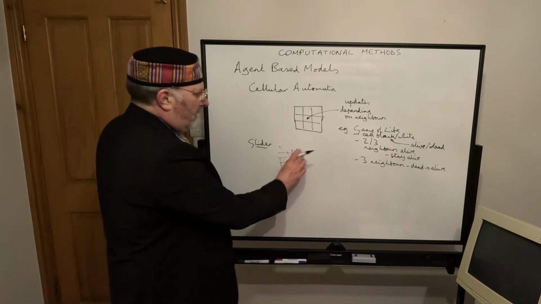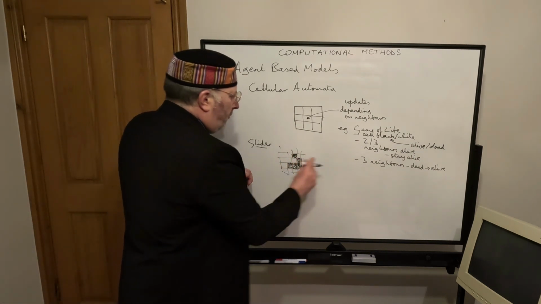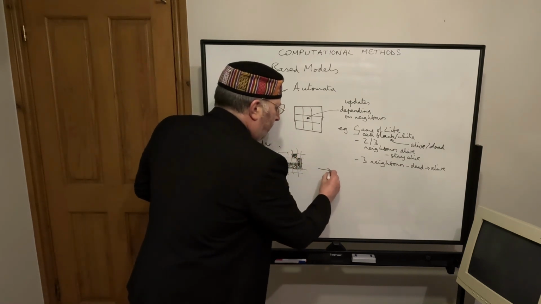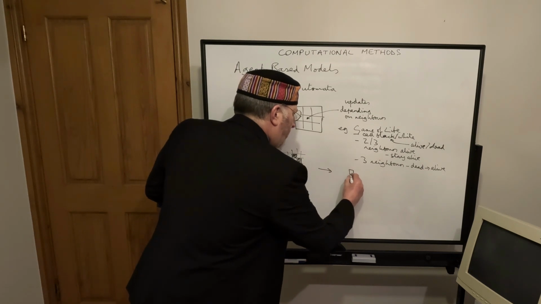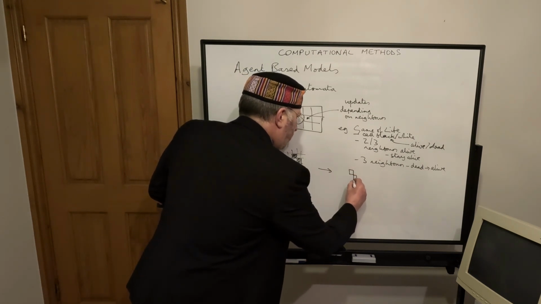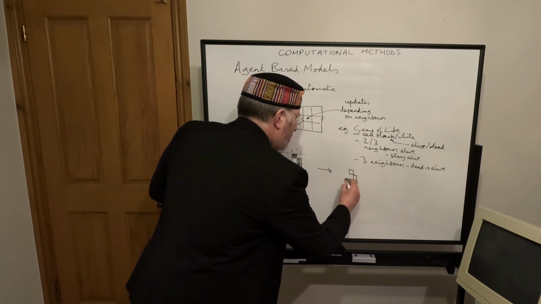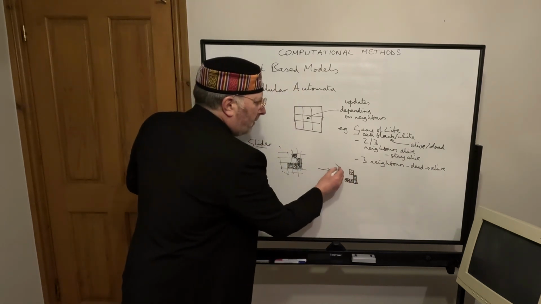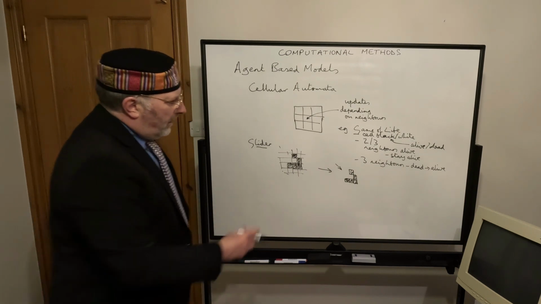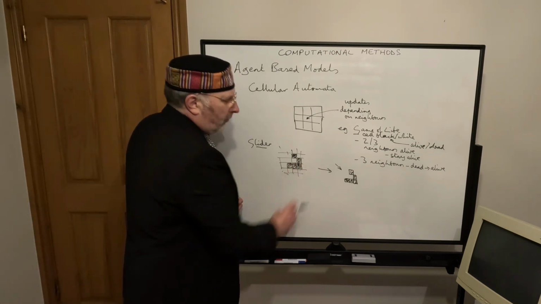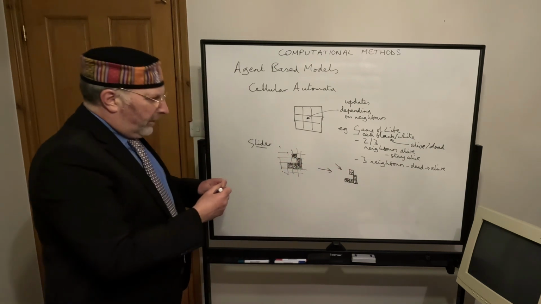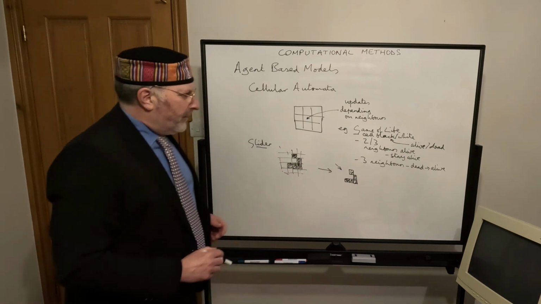And this glider, by following those rules, transforms through 4 steps, and then it eventually ends up as the same shape again, but it has moved 1 square to the right and 1 square downwards. So it's moved along and down. So it will move across the grid.